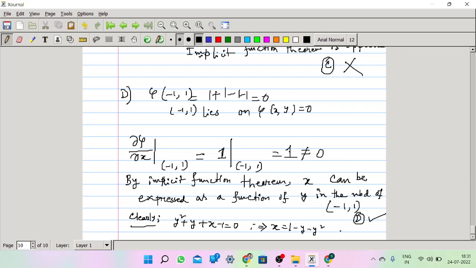That is, clearly x can be written as a function of y in the neighborhood of minus 1 comma 1.